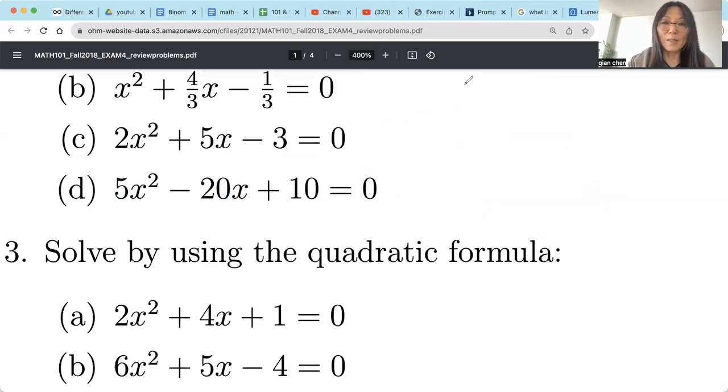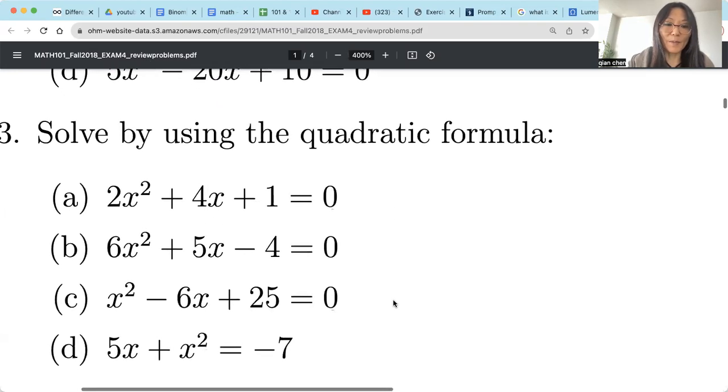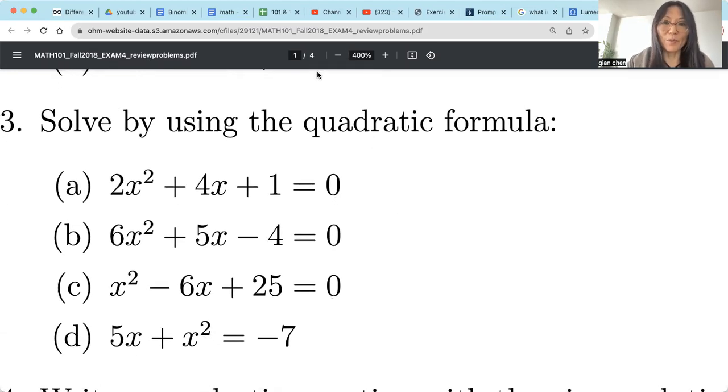Okay, number three, solving by the quadratic formula. Let's review, remember the quadratic formula. We want to solve by the quadratic formula.